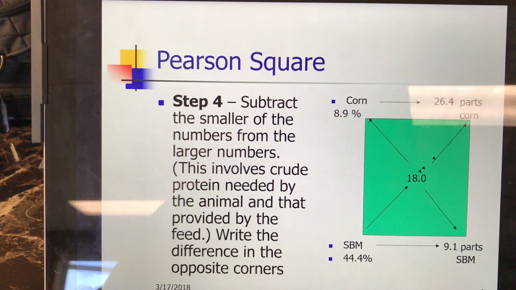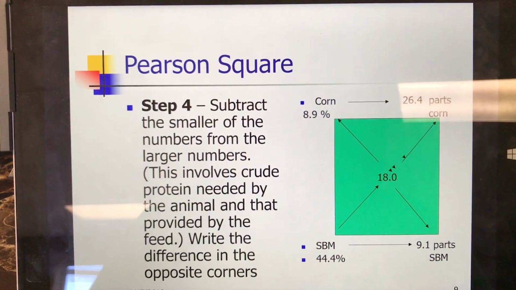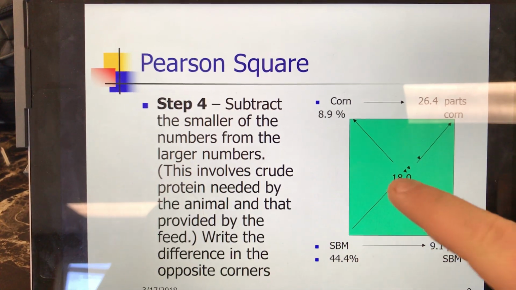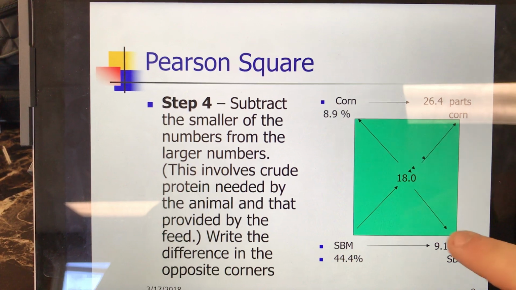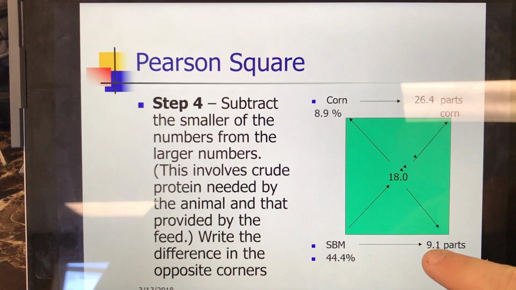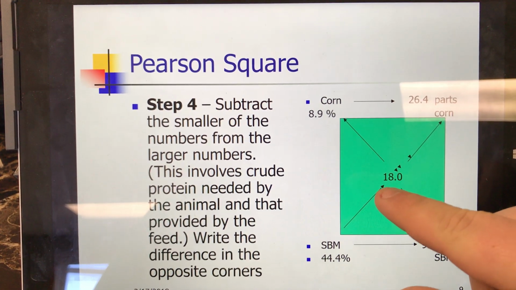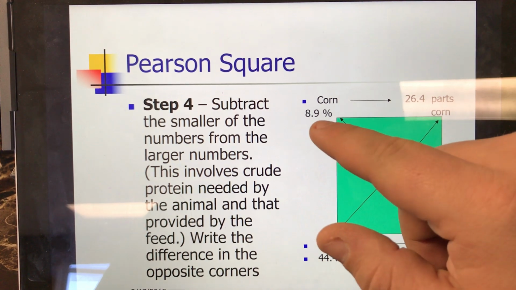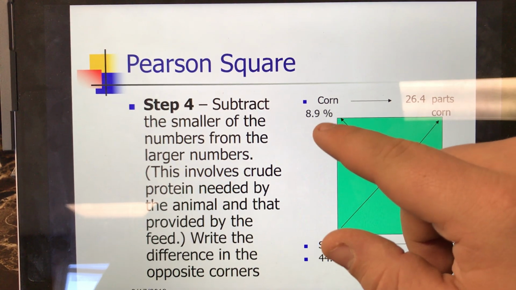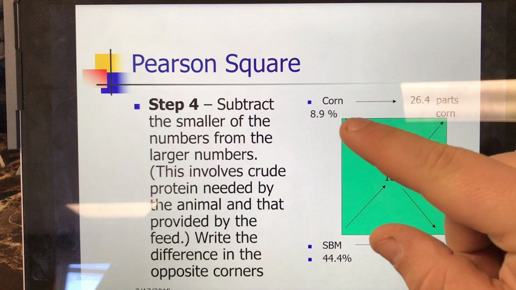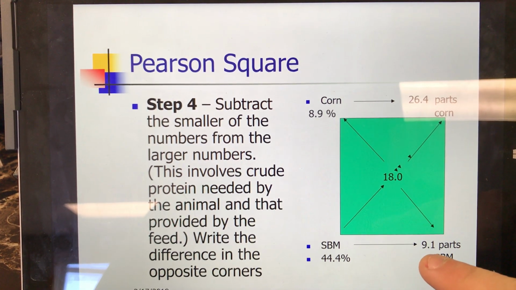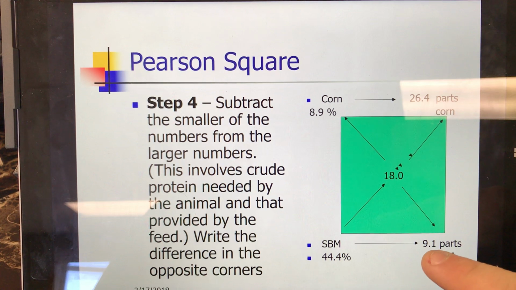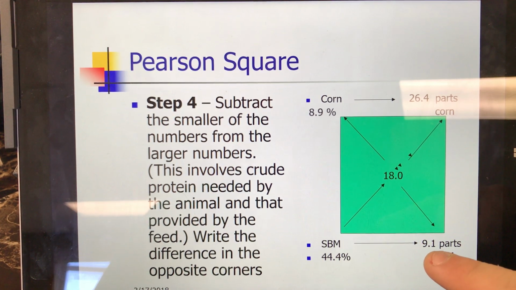And as we go through some of our examples, this will become a little bit clearer, but what we actually did, to get this number down here, this 9.1, is we took the 18% and subtracted it from the 8.9%. So 18 minus 8.9 gave us this 9.1 parts.